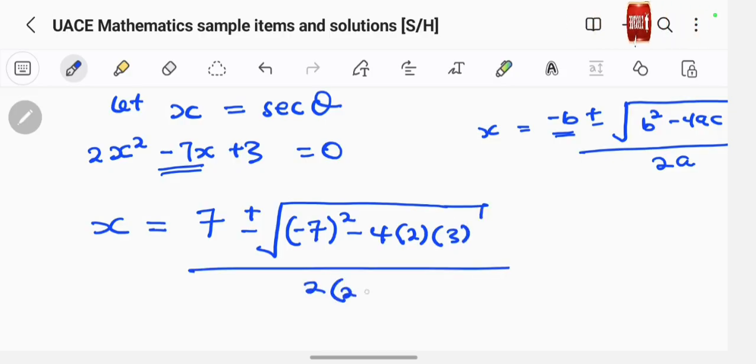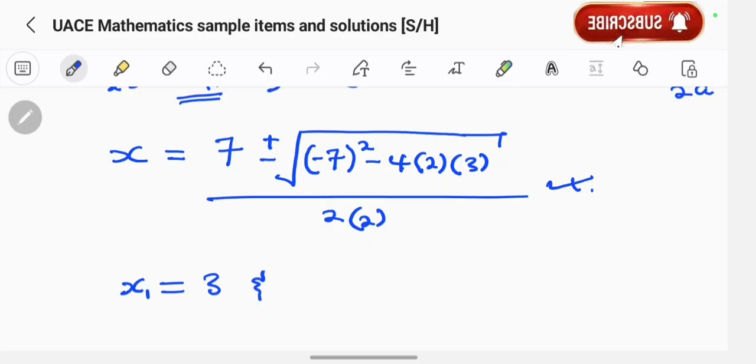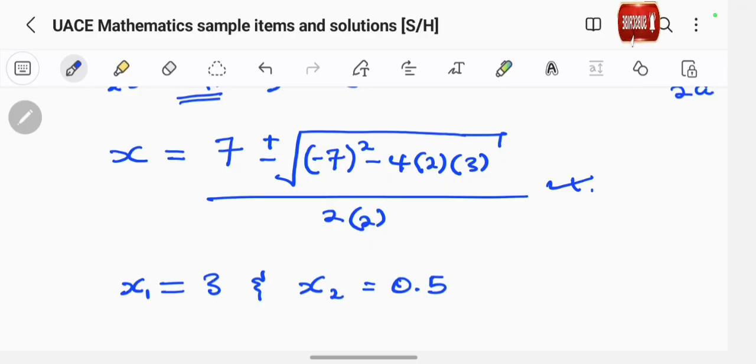What's our a? 2. So after showing this formula, you can use your calculator and get the values, whereby x1 will be 3 and x2 is going to be 0.5.